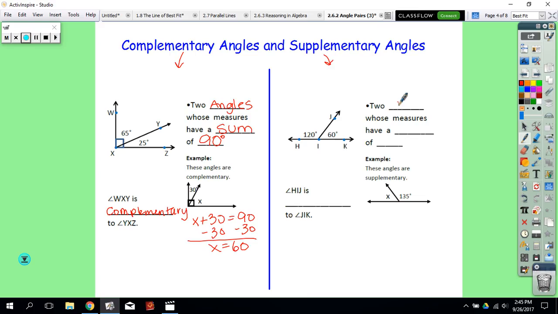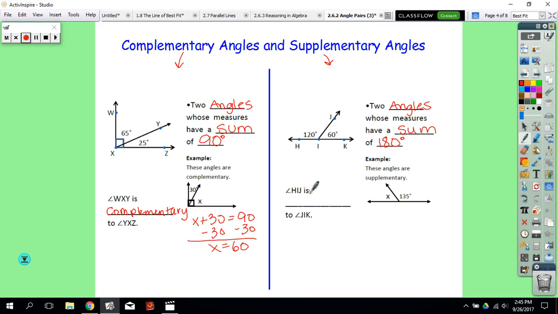All right, supplementary. Two angles, and we talked a little bit about this on Tuesday. Two angles whose measures have a sum of 180 degrees. Okay? So here, you can see a straight line, and we know the straight line is 180 degrees, so any straight line has at least two supplementary angles.